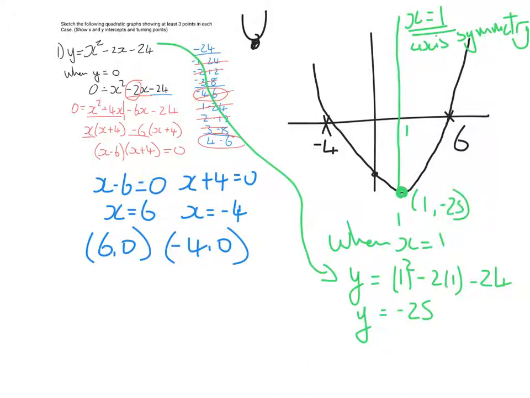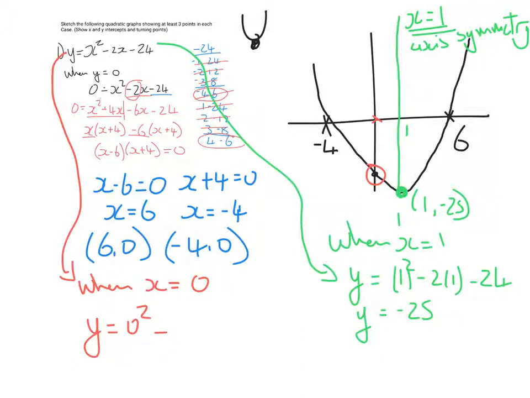Now, let's go and find my y-intercept here. So because it's on the y-axis, I know that it's got an x value of 0. It's directly below the origin. So when x equals 0, y equals 0 squared, again using my initial equation, minus 2 times 0 minus 24, which is just minus 24. So here, y is negative 24.